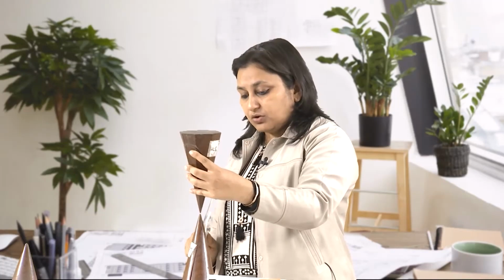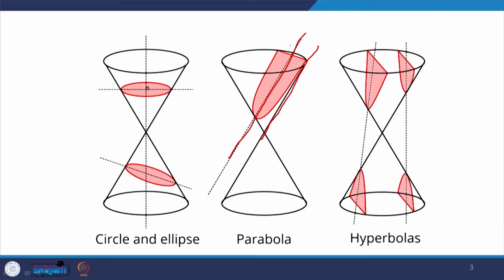So when we cut a cone with a plane parallel to its generator, we will actually get only one parabola, which is what you can see in this image, where the plane cutting the cone is parallel to one of its generators, and what we get out of this is a parabola. So in this case we will only get one parabola.